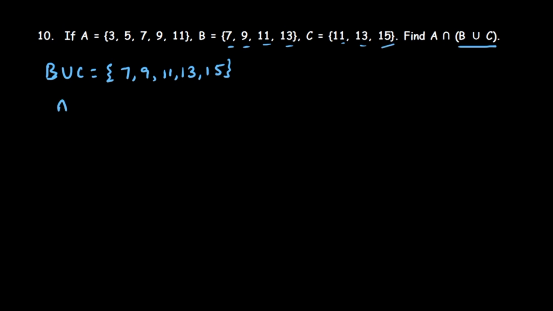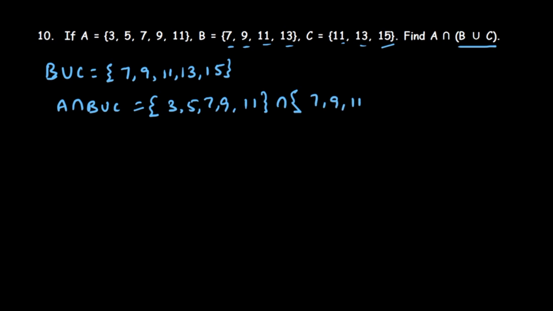Now the question is A intersection B union C. So what we do now, A is 3, 5, 7, 9, 11 intersection, and here B union C we have 7, 9, 11, 13 and 15. So you know very well what is the meaning of intersection, right? Here we have a bracket for this.